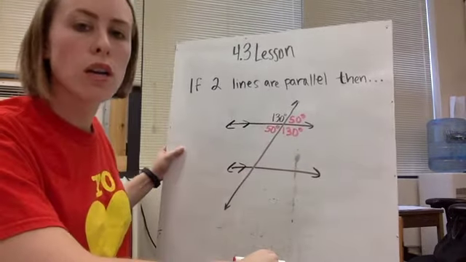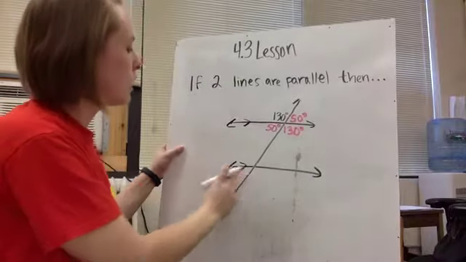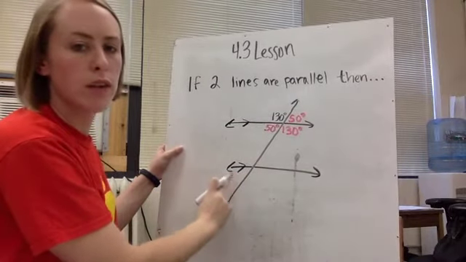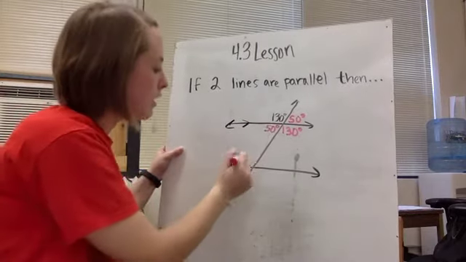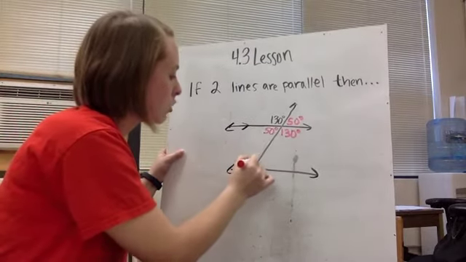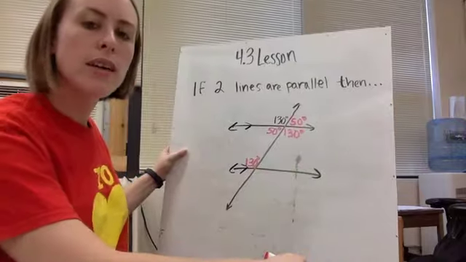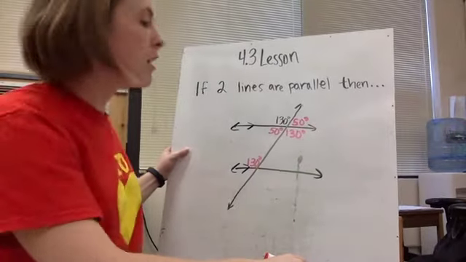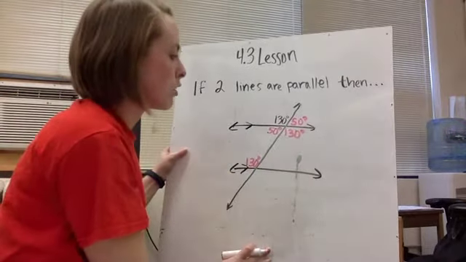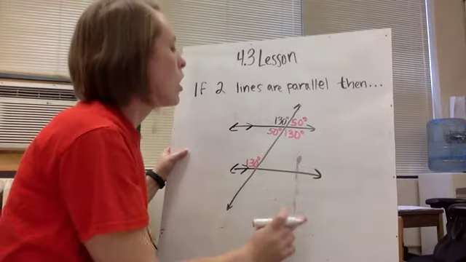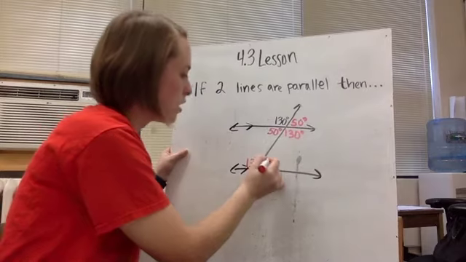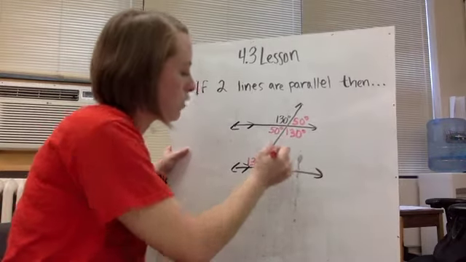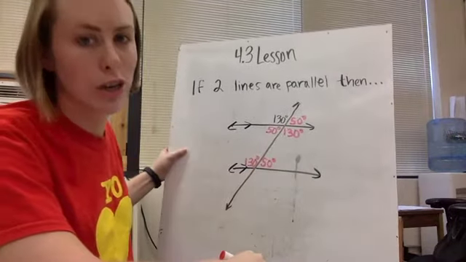These are things we already know. Now we can apply it to this group of angles down here. If this one's 130, the corresponding angle also has to be 130 degrees. Corresponding angles are congruent. Now, we also learned alternate interior angles are congruent. So this 50 and this 50 would also have to be 50 degrees because they're alternate interior angles.